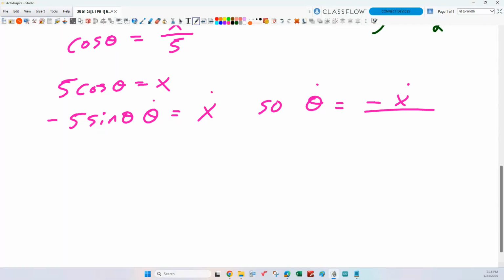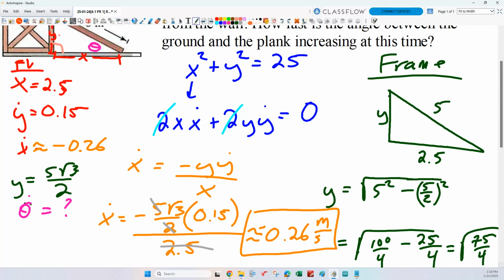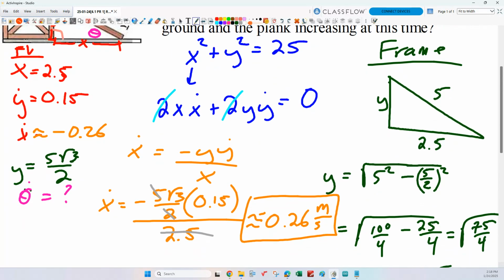Negative x dot over... so we know x dot. What are we going to do about the sine theta? Will you solve for theta with the parent? Okay, we could, because we have our snapshot up here, where we could solve for theta, couldn't we?